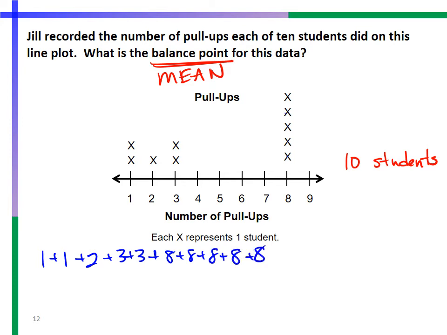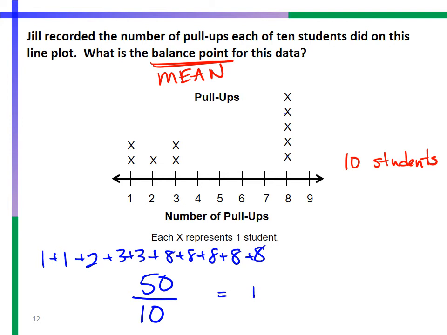I'm just writing them all out. So 2 plus 2 is 4, plus 6 is 10, plus 40 is 50. So I have 50 here, and I'm dividing that by the total number of students, 10 students.